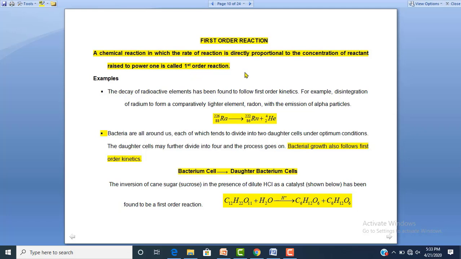The examples of the first order reaction are the disintegration of radium into radon, growth of a bacterium cell into daughter cells, and inversion of cane sugar into glucose and fructose.